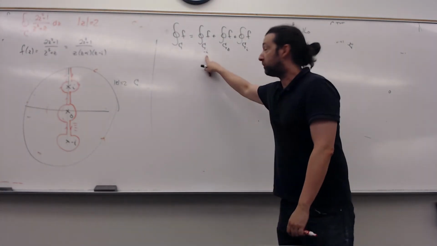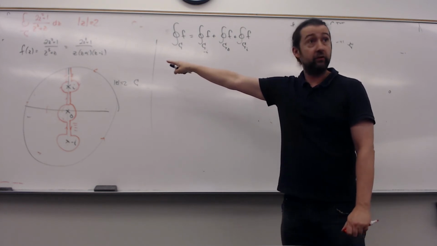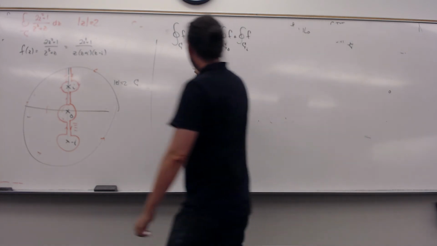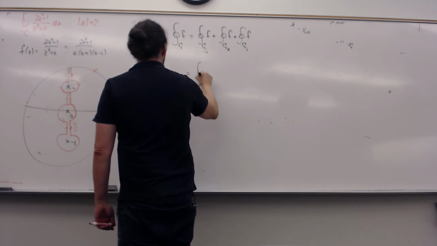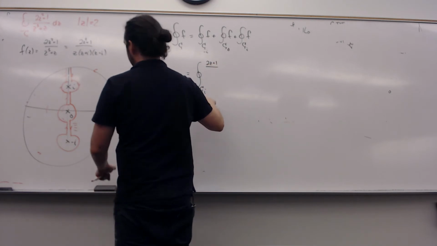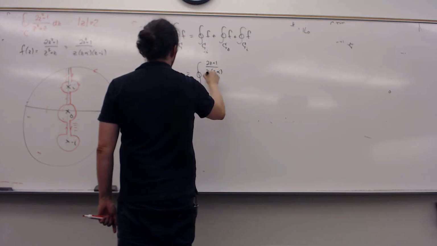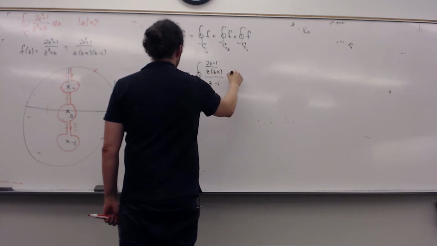Okay, but each one of those contours isolates one of the singular points of that function. So this is going to be equal to the integral around C_i of (2z plus 1) over (z times (z plus i)) all divided by (z minus i) dz.